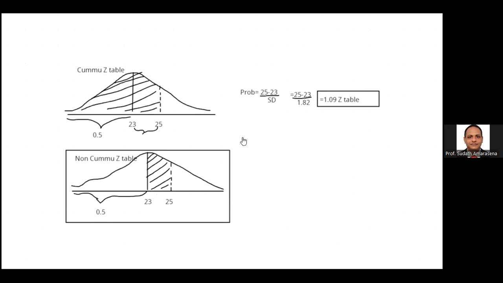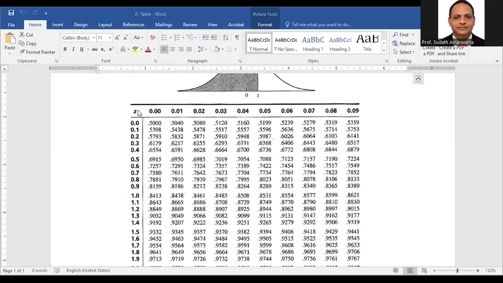without 0.5. Then I have now the cumulative table. If you are going to use this particular table, first you select the Z column 1.0, the maximum value, because we need to check 1.09. The 0.9 you can get from the top of the columns, the last column, you can see 0.09.